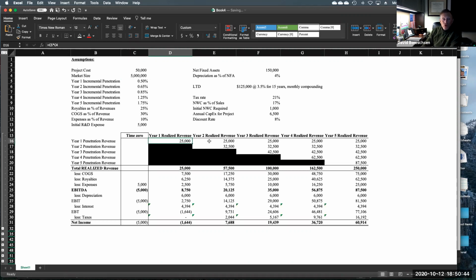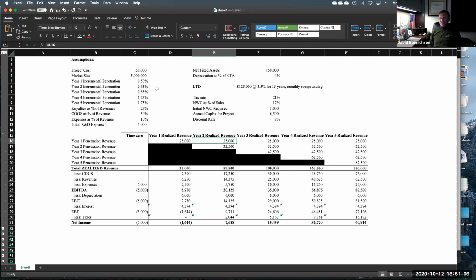But then in year 2, we still have what we did in year 1 carrying over to year 2 as kind of the base load, the backlog, if you will, of revenue. But we add to it with the year 2 incremental penetration.